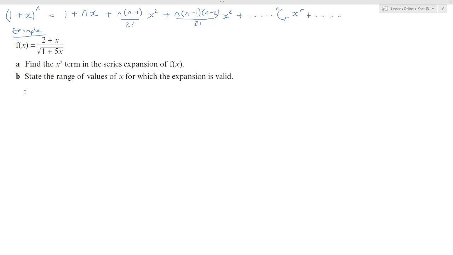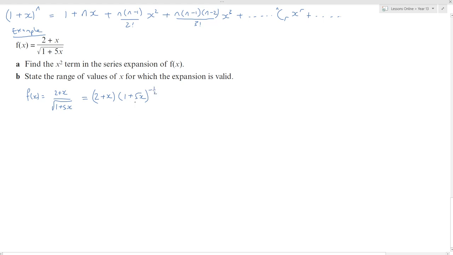So we've got f of x is equal to 2 plus x divided by the square root of 1 plus 5x. That's equal to, if we put them all on one line, 2 plus x times 1 plus 5x to the power of minus a half.